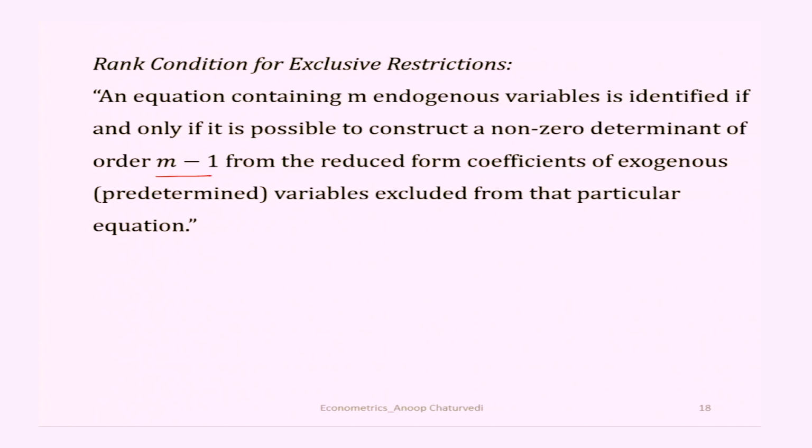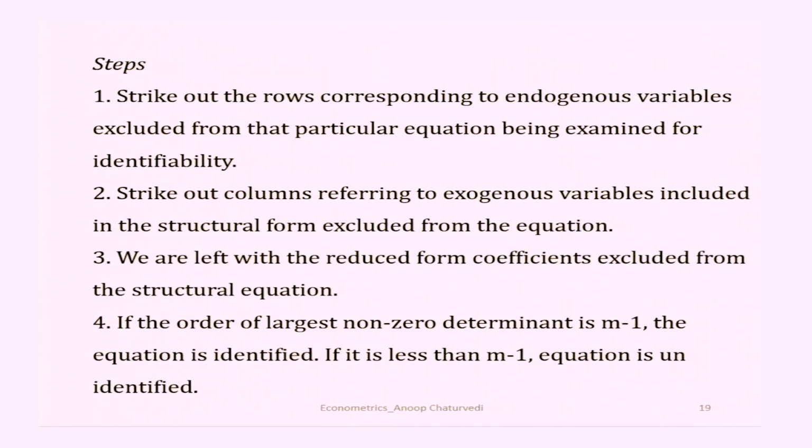So, let us consider different steps for checking the rank condition. First we strike out the rows corresponding to endogenous variables excluded from that particular equation, which is being examined for identifiability.